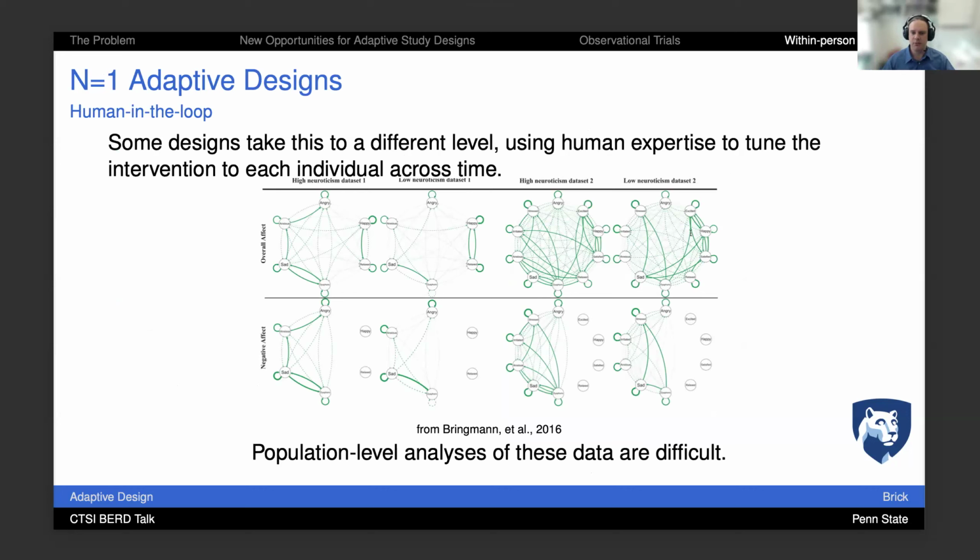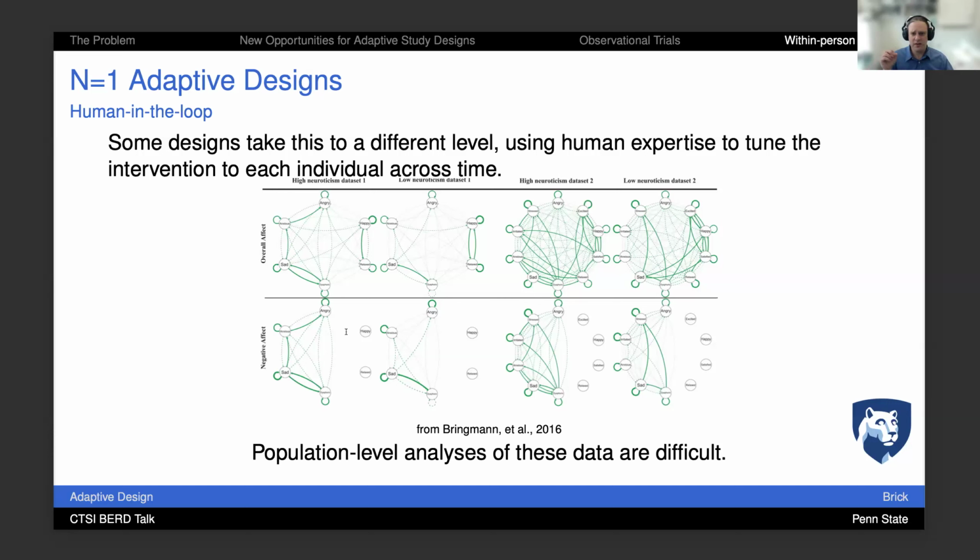And they built individual networks for each person in the study. And then they tried to use those to develop interventions just for that person. This is what's called a human in the loop design, or an N=1 adaptive design. It's really tough to draw population level analyses, but it's really useful as a means of delivering an intervention that's going to be very effective for that individual.